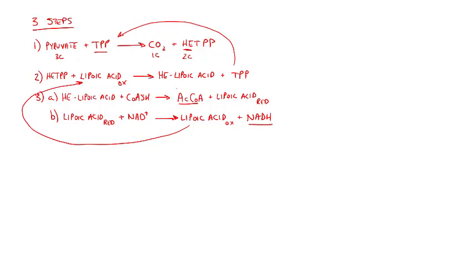So NADH, acetyl coenzyme A, and CO2 are our three major products of pyruvate dehydrogenase. The first reaction is the one that is blocked by pyruvate dehydrogenase kinase. So that is the regulated substep of the three reactions.